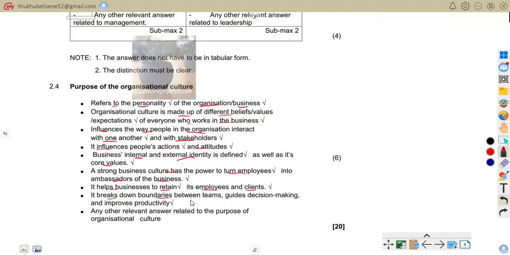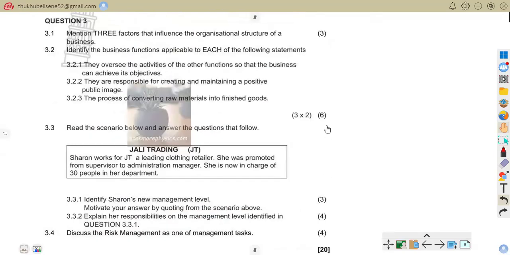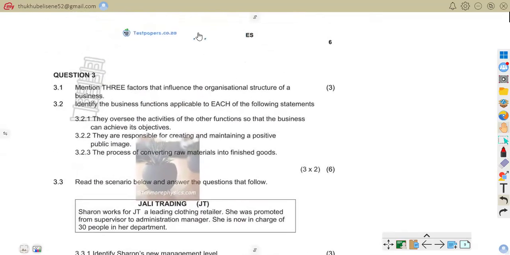It breaks down boundaries between teams, guides decision making and improves productivity. So that is when departments collaborate to complete projects faster. So that is that. Now we are going to question 3.